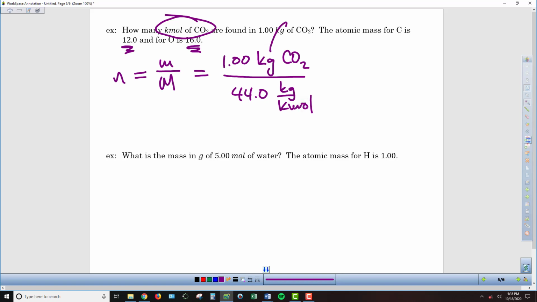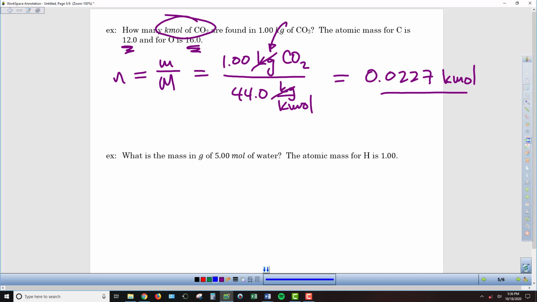If my measurement up here was in grams, then I could have just used grams per mole, but I'm going to try to make it simple on myself. And so we just have to divide those two quantities. We're going to get 0.0227 if we push buttons on our calculator, 1 divided by 44. And then again, our kilograms cancel each other out. Kilomoles is in the bottom of the bottom, so it's going to move up to the numerator. So it's going to be 0.0227 kilomoles of CO2.